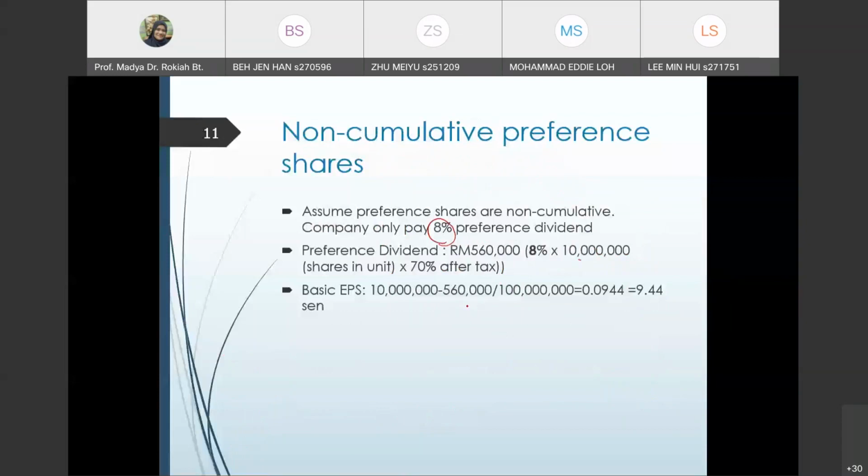So the preference dividend the company paid is the one you're going to minus. So 10 million minus 560, divided by 100 million, you're going to have 9.4 cents. Okay, that is what you have for preference dividends.